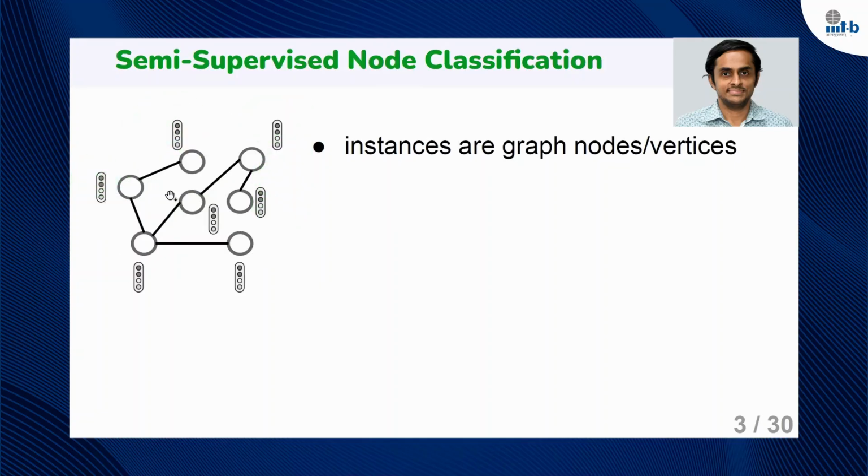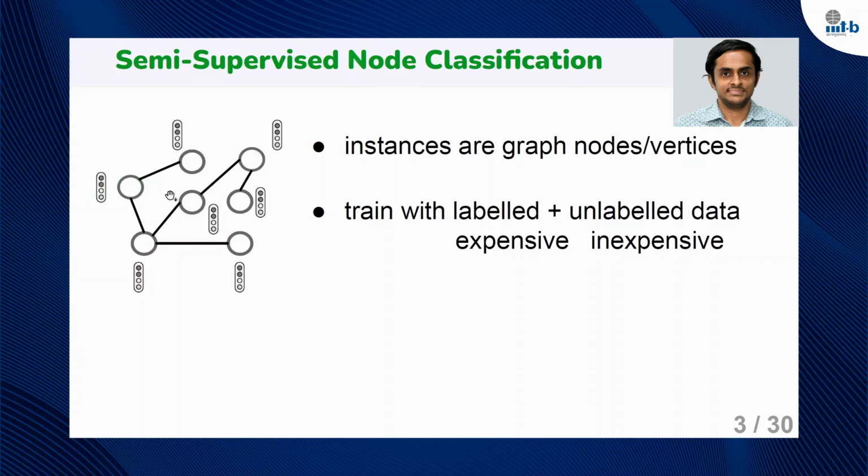In semi-supervised learning, we train with labeled and unlabeled data. We are given some labeled nodes, and the goal is to label the unlabeled nodes in the graph. It is called semi-supervised because we use both labeled and unlabeled nodes during the training phase.